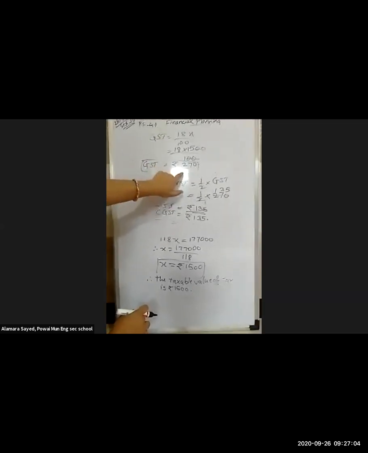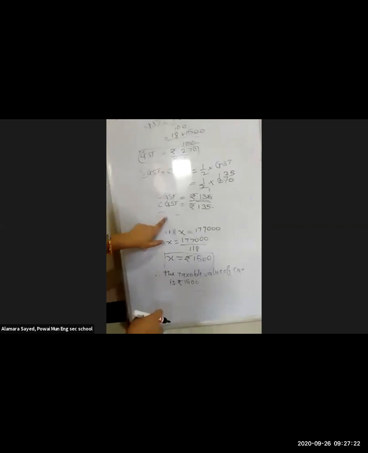So the GST will be rupees 270, and as we know, CGST and SGST are equal and they are half of GST. So half into 270 is equal to 135. If SGST is rupees 135, then CGST will also be 135. In this way, we have solved question number 5.